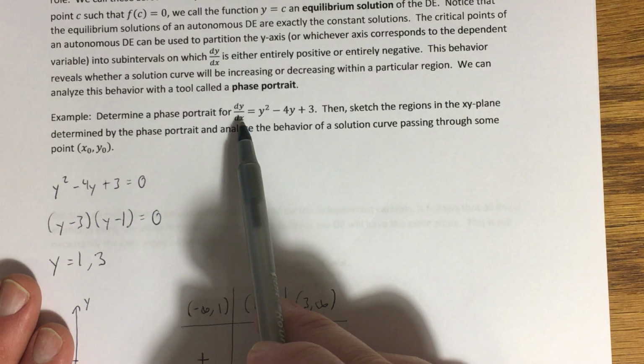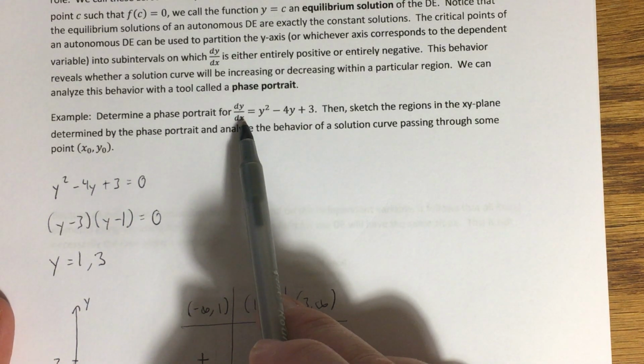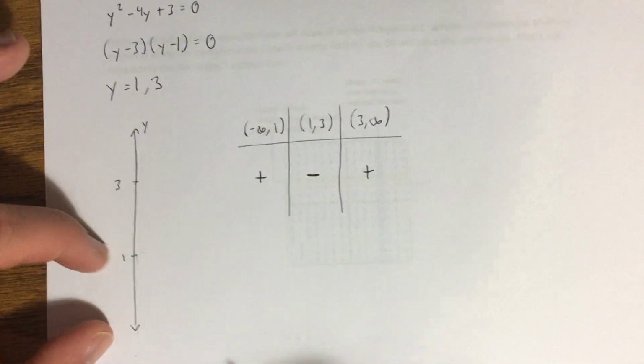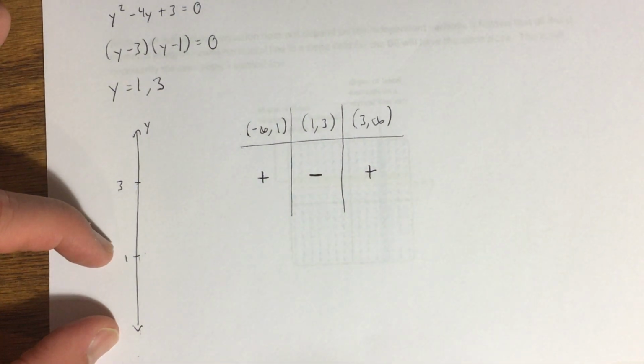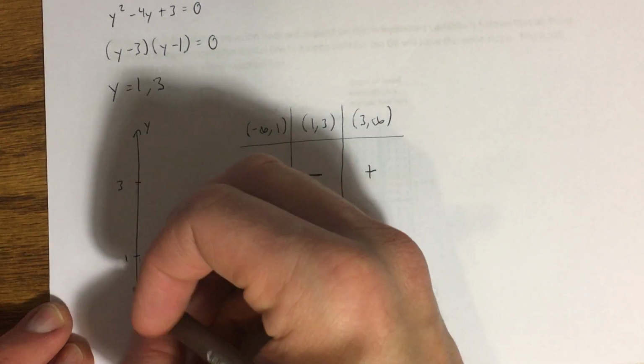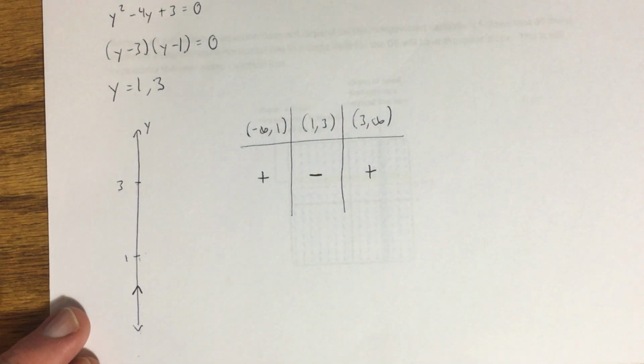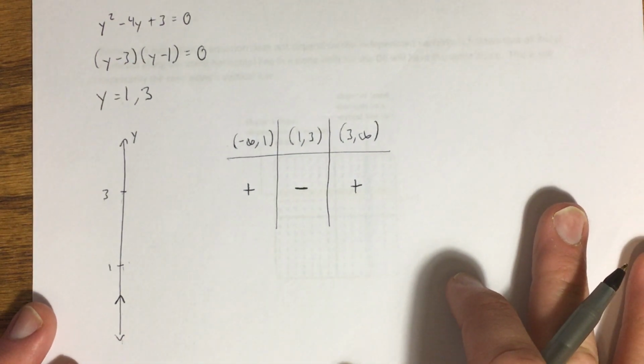Well, it tells me that my slope is positive, or in other words, my solution curve will be increasing on that interval. So that means that all along this interval right here, our function should be increasing. I use a little up arrow on my phase portrait to indicate that.